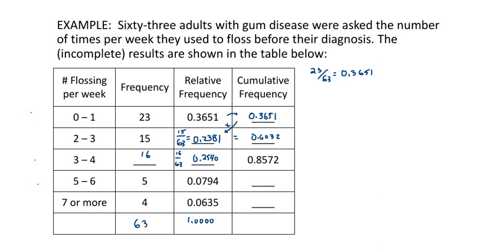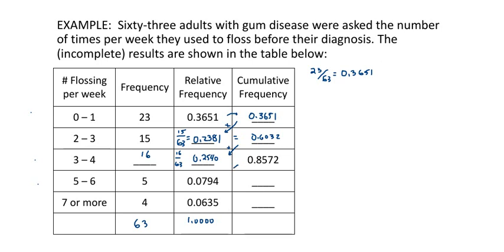Now, just to verify where we're at right here, take that 0.6032 and add the next decimal to that. If we add 0.2540 to 0.6032, we get 0.8572, just as predicted right here.